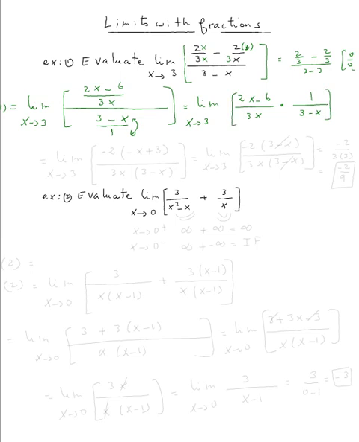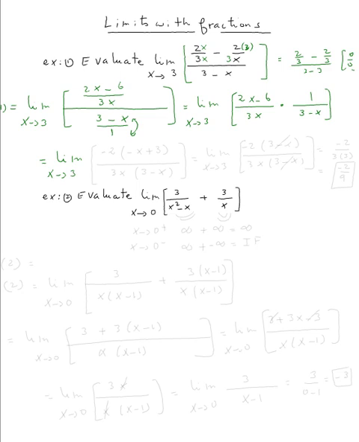Now here somehow we need to simplify, because if we plug in 3, we're still going to get a 0 in the denominator. So 2x minus 6, we need to factor. If we factor negative 2, this is a limit as x approaches 3.